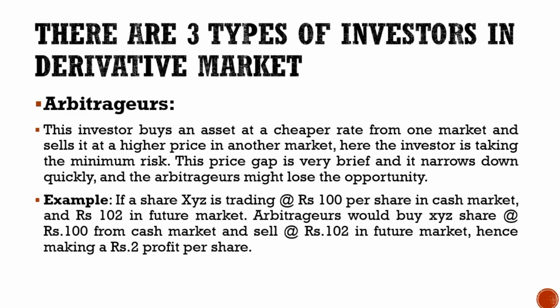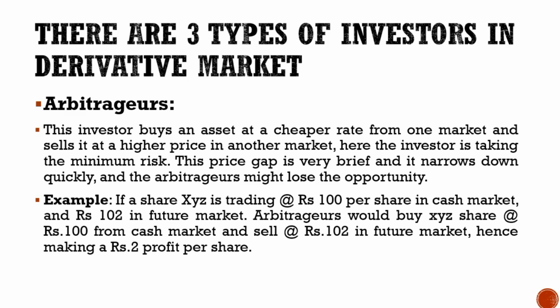For example, if a share XYZ is trading at 100 rupees per share in the cash market and 102 rupees in the future market, so at spot rate it is 100 and in the future market it is 102. Here the arbitrageur would buy the XYZ share at 100 rupees from the cash market and sell it at 102 in the future market, hence making 2 rupees profit per share.